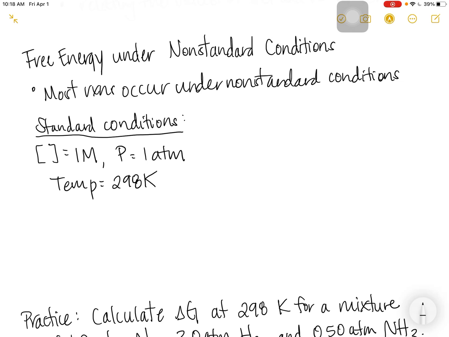Instead I have to use a new formula that relates delta G under non-standard conditions. Notice it doesn't have the not symbol up at the top because it's not a standard condition, and it relates it with delta G at standard conditions.